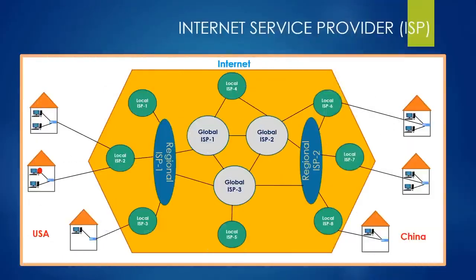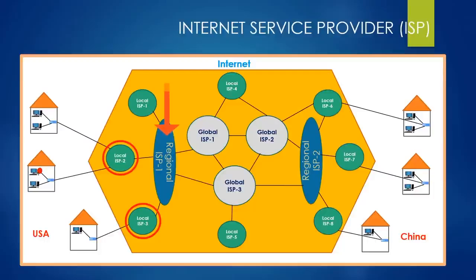At this moment, I want you to imagine that there are hundreds of thousands of local ISPs in the world, and these local ISPs connect to regional ISPs that are larger than them. This means that different local ISPs communicate over regional ISPs. For example, local ISP2 communicates with local ISP3 over the regional ISP1.